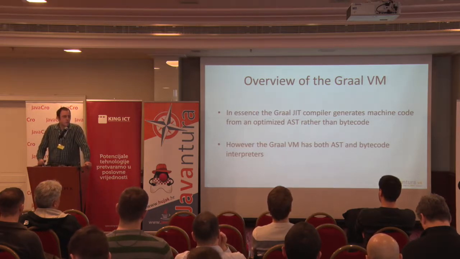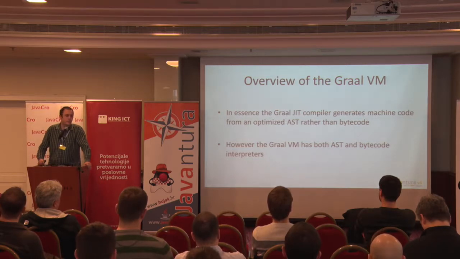Apart from that, GraalVM also provides a standard bytecode interpreter as the standard JVM that allows you to execute bytecode directly instead of providing it in that intermediate representation, which is an AST.